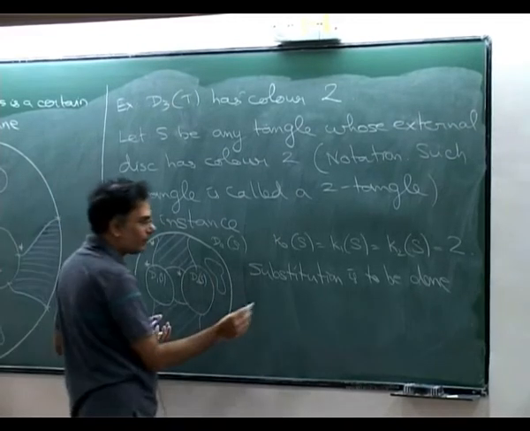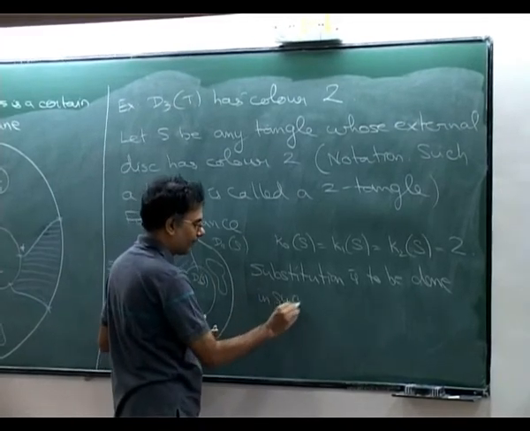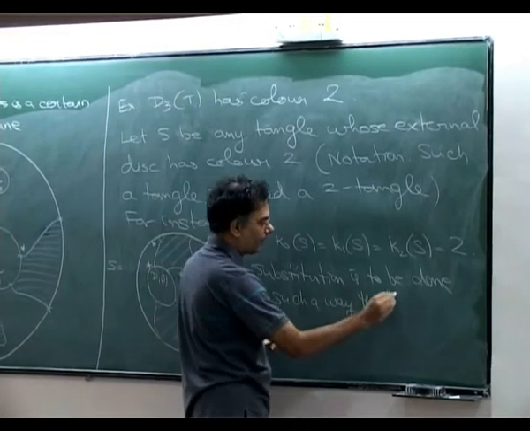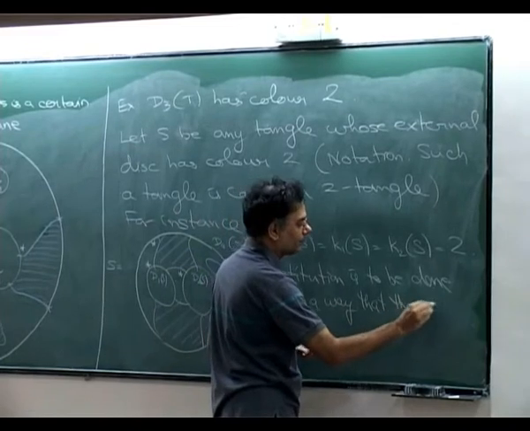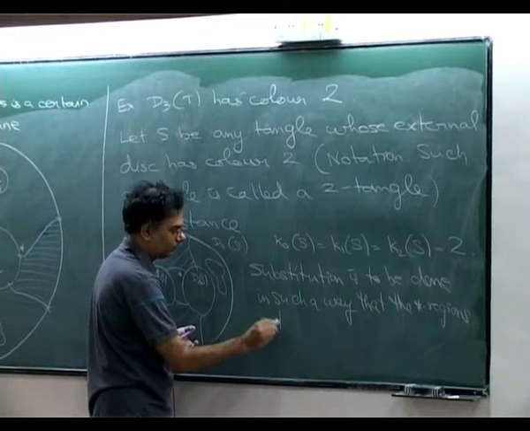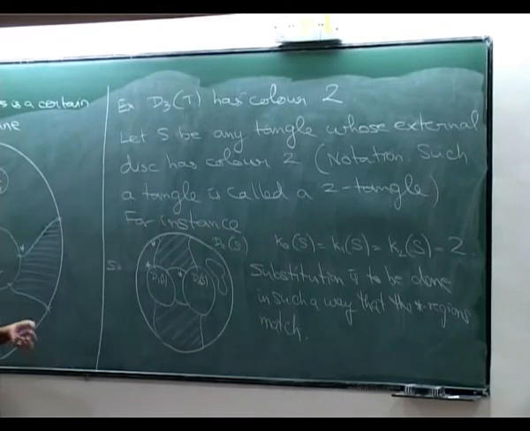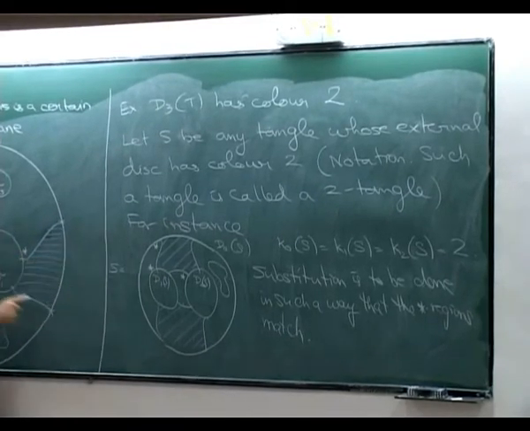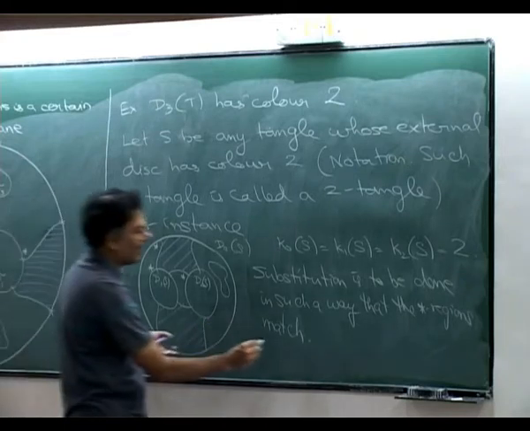Substitution is to be done in such a way that the star regions match. So I take this S and turn it like this so that this star region and that star region match, and then I plug it in.